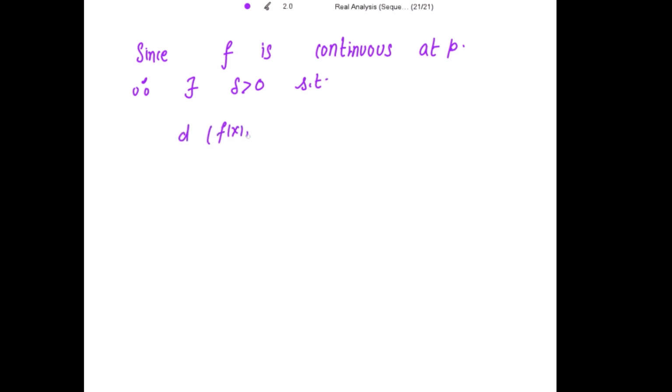Now since it is given to us that F is continuous at P, by the definition of continuity there exists delta positive such that the metric distance of f of x and f of p is less than epsilon in Y, for the metric distance between x and p less than delta in X, right?